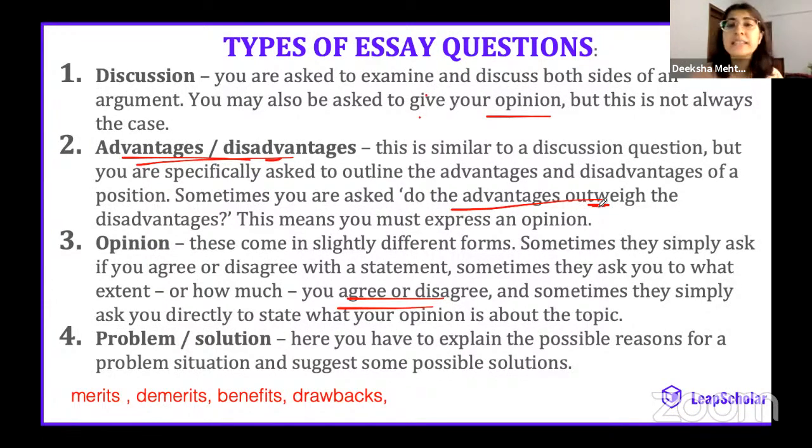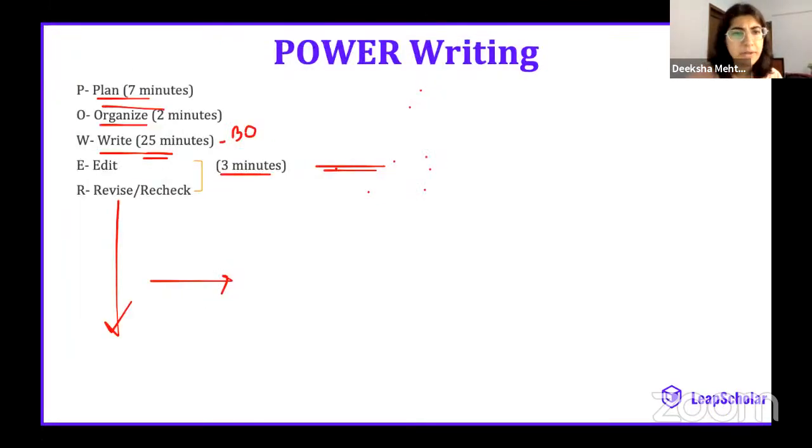Okay. Last essay type that we have is a problem solution essay. So here you have to explain the causes of a situation. Not always a problem, it could be a situation, and you need to explain why that is happening and suggest some possible solutions. For example, let's look at an example.